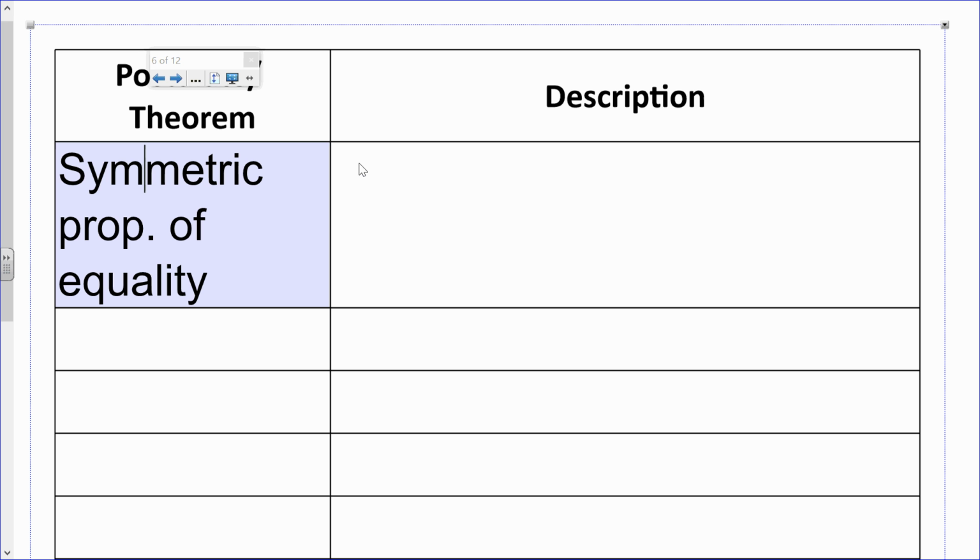We're on the top of page 2 now. Symmetric property of equality. And notice what this one says. No, now you're going to go on the top of page 2, the second one I gave you. Top of page 2 now.